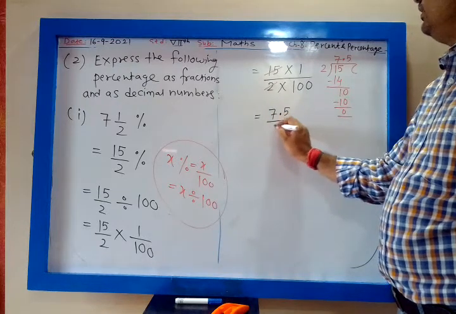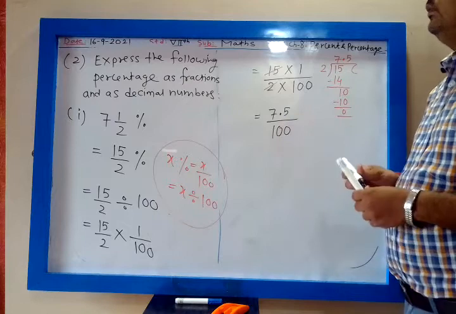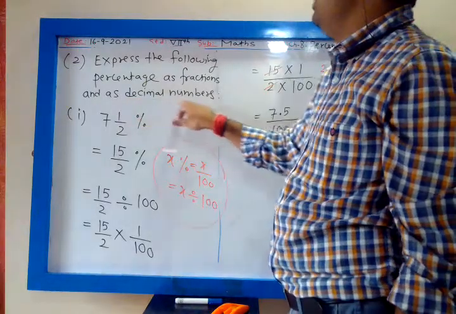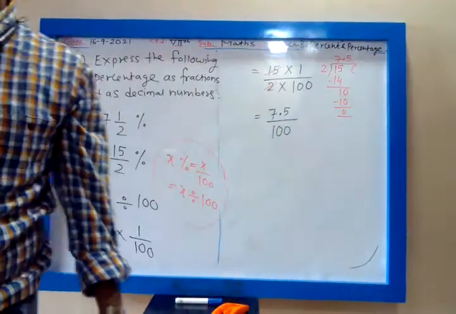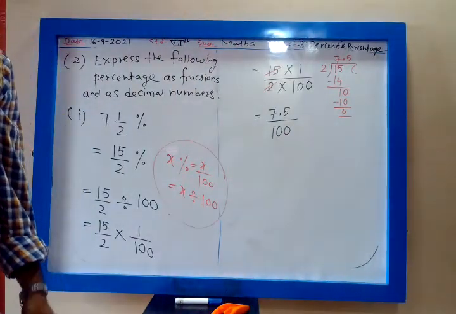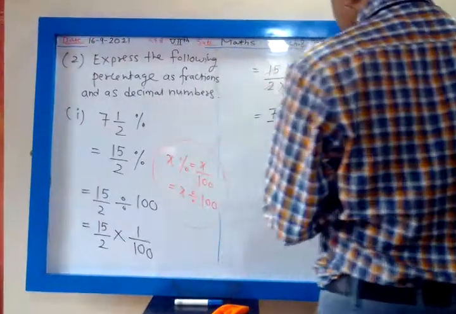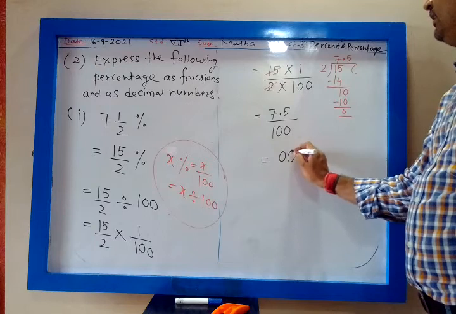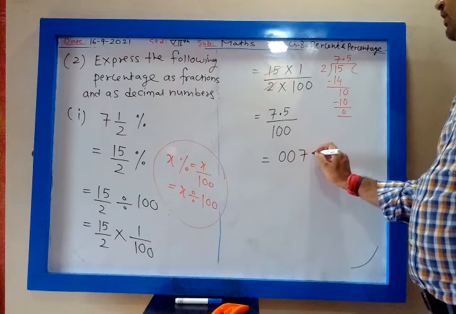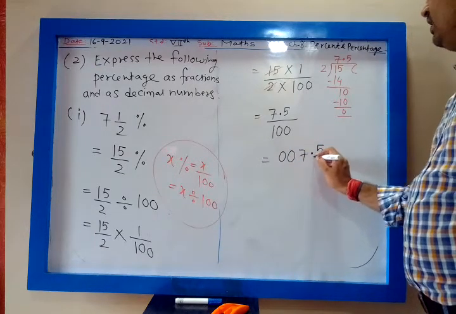7.5 upon 100. I have told you we want to express this as a decimal. So whenever it is divided by 10, you have to shift the decimal to the left. So 7.5 I can write 007.5 upon 100.